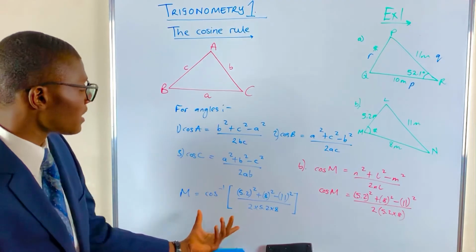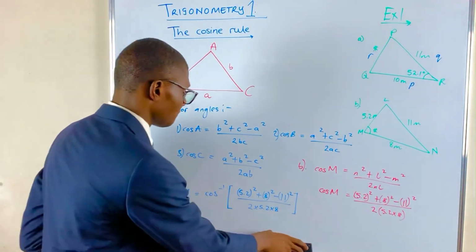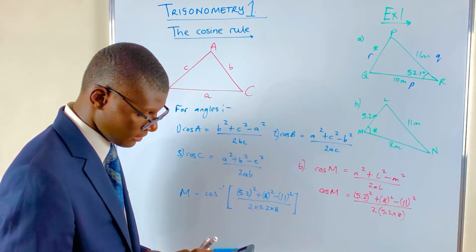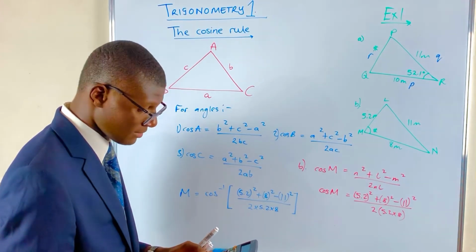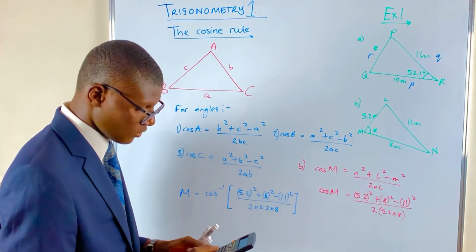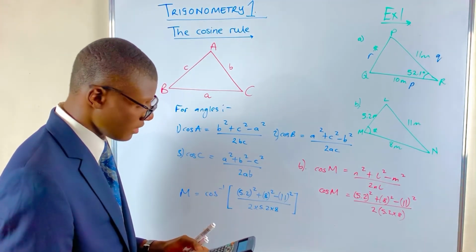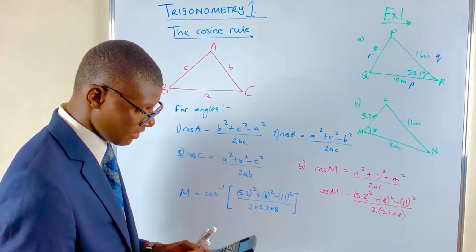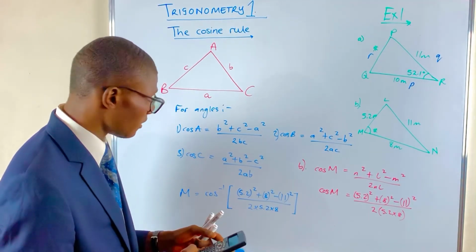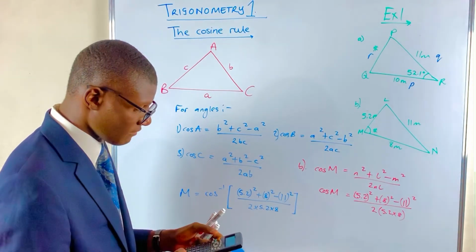Now we can punch this directly in the calculator. We're saying 5.2 squared plus 8 squared minus 11 squared, then divided by 2 times 5.2 times 8. Then you take the cos inverse of that.